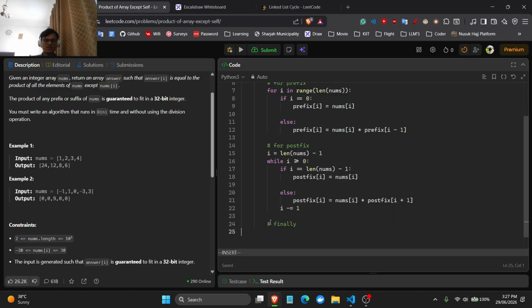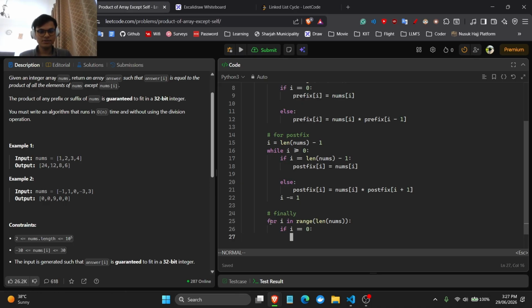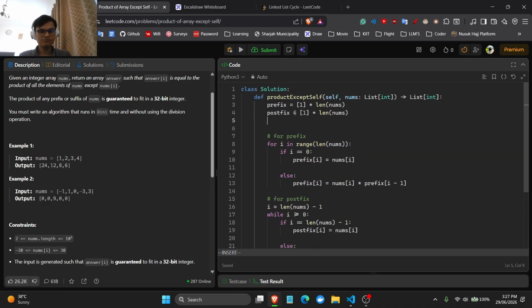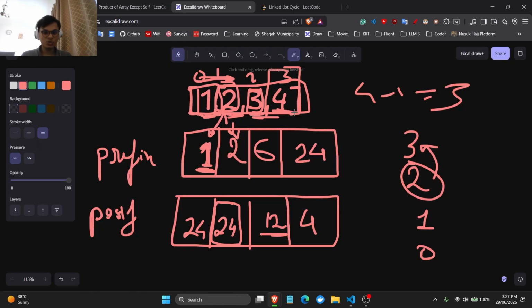Yeah, so something like for i in range of length of nums, if i is equal to 0, we will append to nums except. What will we append?